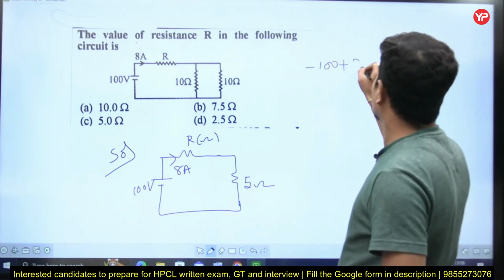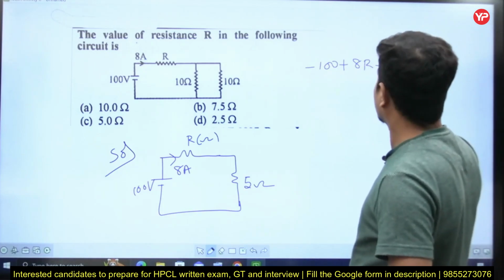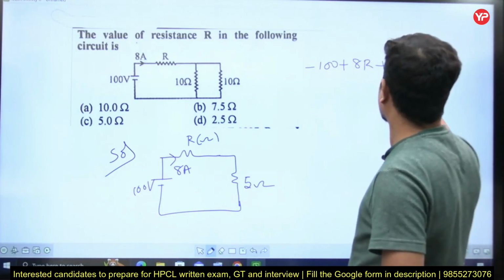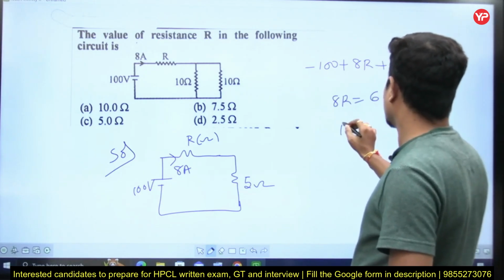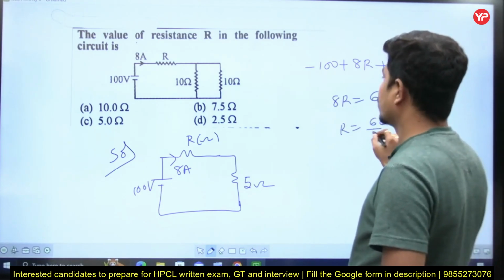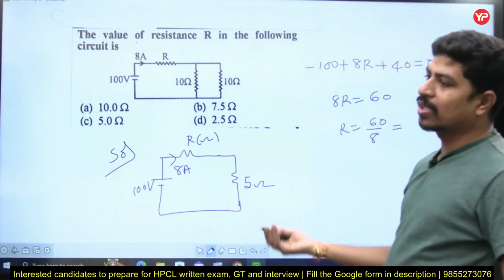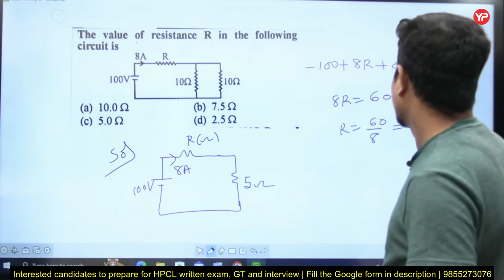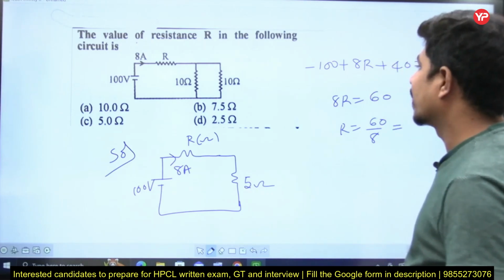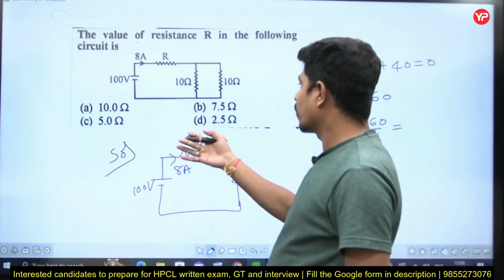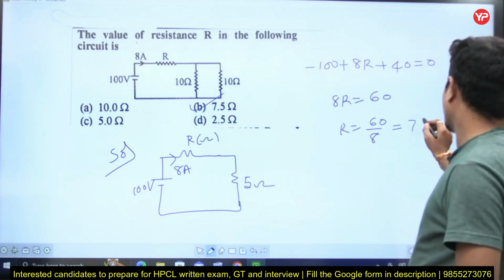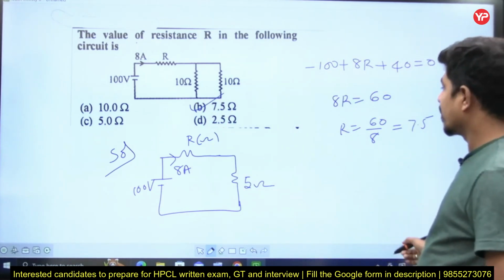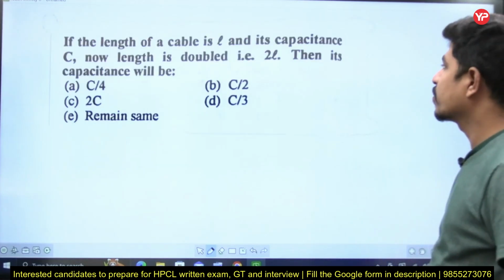Minus 100 plus 8R plus 8 into 5, 40, is equal to 0. So 8R is equal to 60. R is equal to 60 divided by 8. I think it is not 2.5, it is not 5, it is not 10, it will be 7.5. Yeah, it is 7.5, right? Option is B. Let's go to the next question.